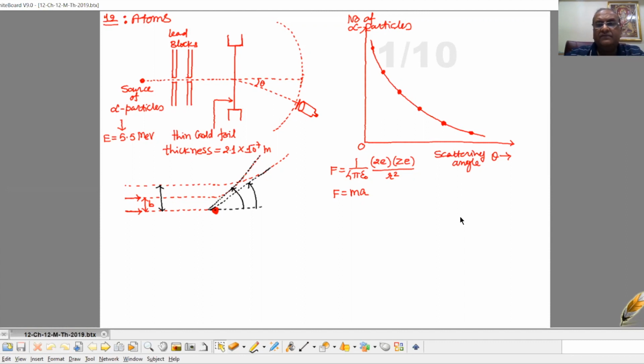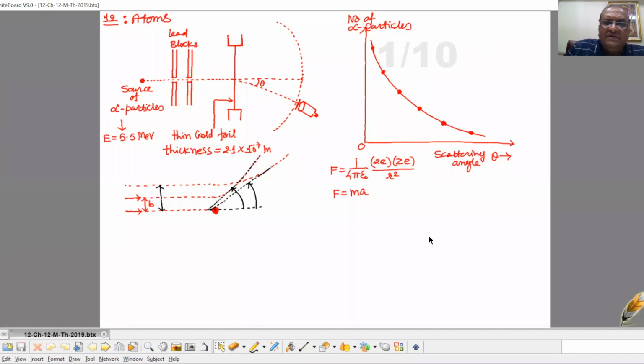Then two students of Rutherford, Geiger and Marsden, performed the alpha scattering experiment suggested by Rutherford, under Rutherford's supervision. Clear to all of you?